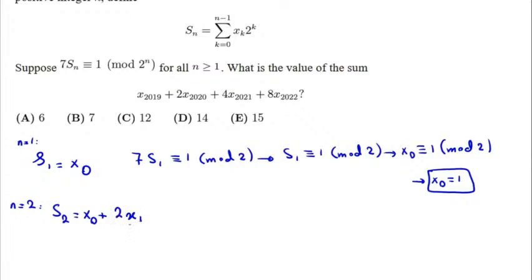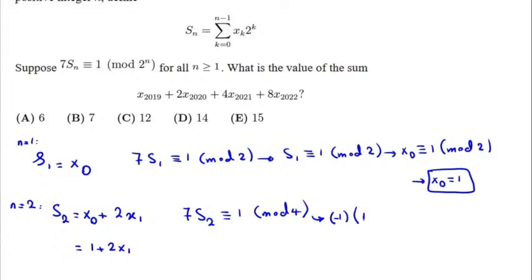We know 7S2 mod 4 is 1 by the assumption of the problem, if n is 2. From the previous part, we found x0 is 1, so S2 is 1 plus 2x1. And if we replace it here, 7 mod 4 is negative 1.